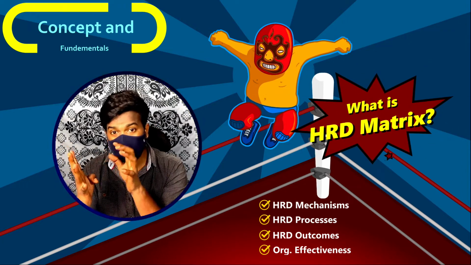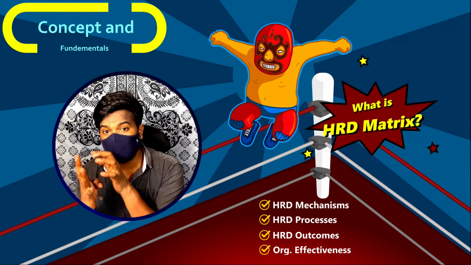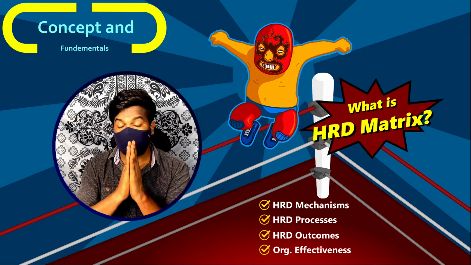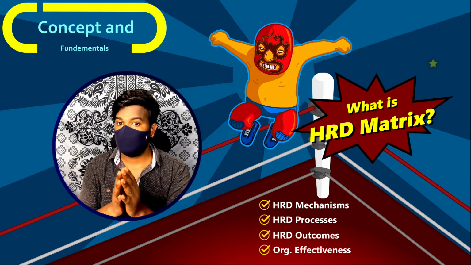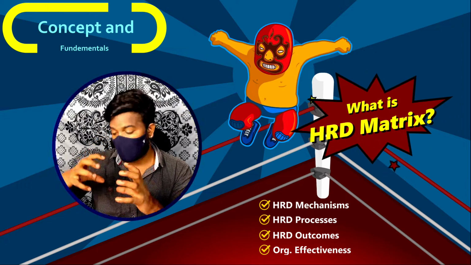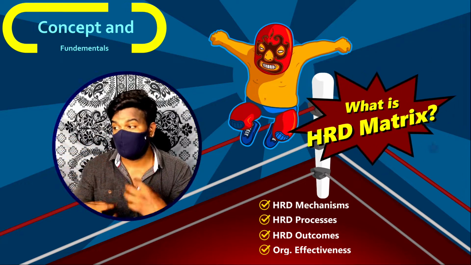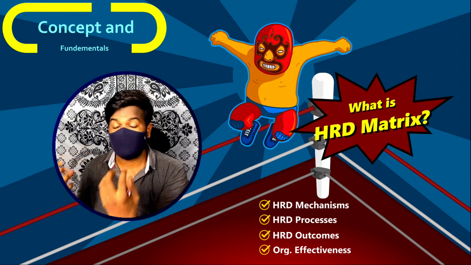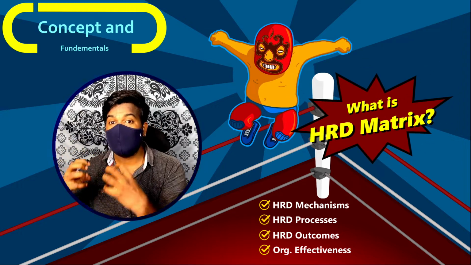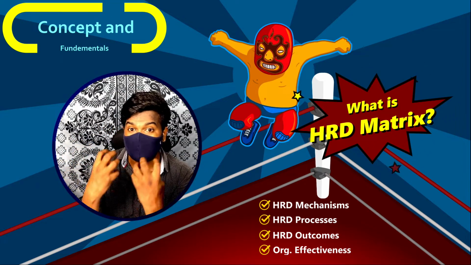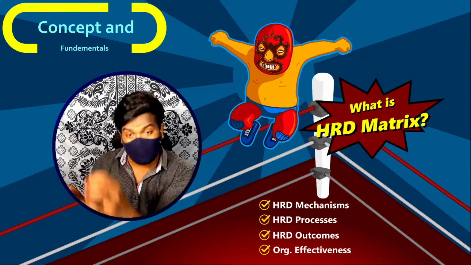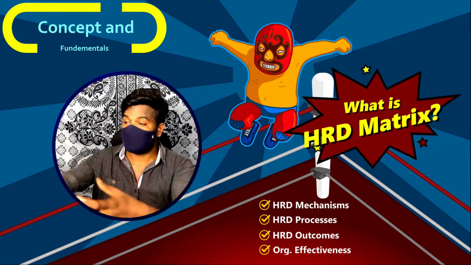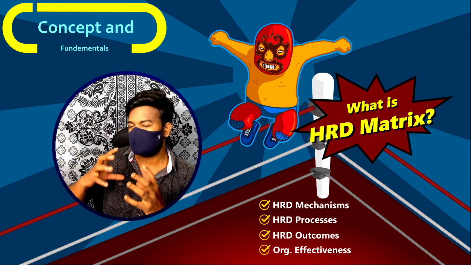The relationship is given between these four components using the HRD matrix. Now let us go to the theory part, and I will show you a small diagrammatic representation of these four components, and we will see how the HRD matrix gives the linkage, the chain between them. At last we will move to the theory part, which is just for your reference.